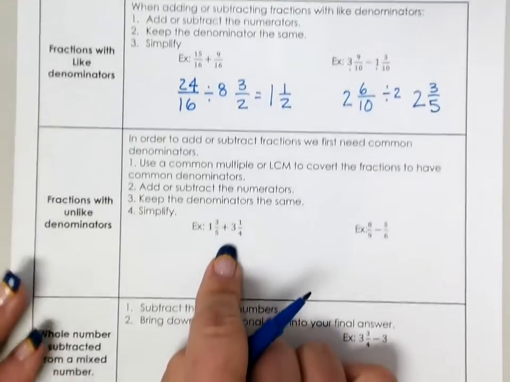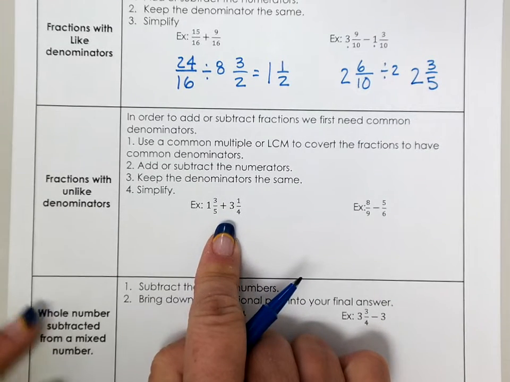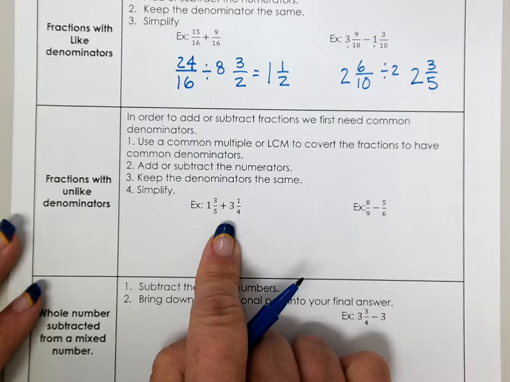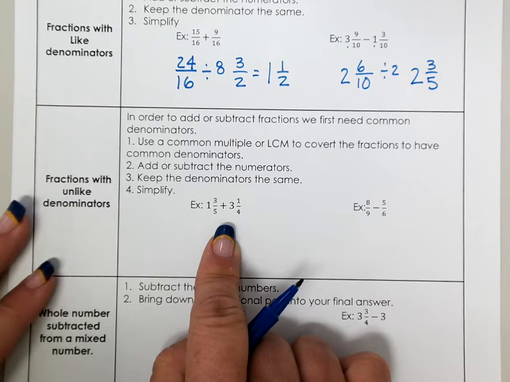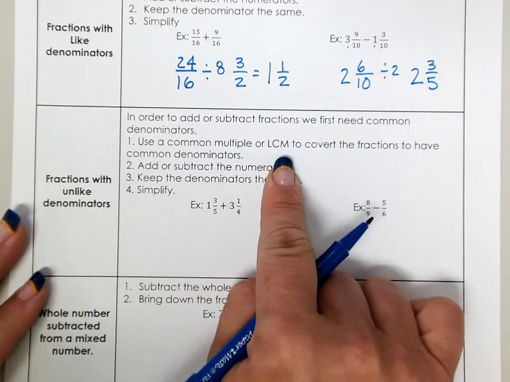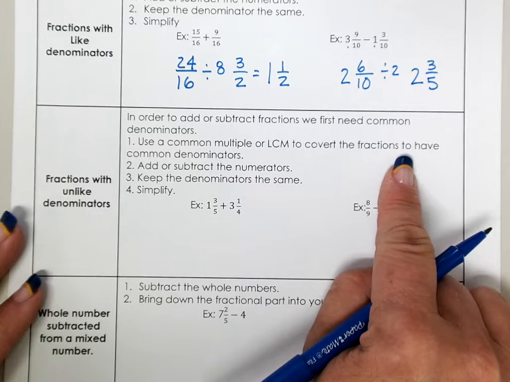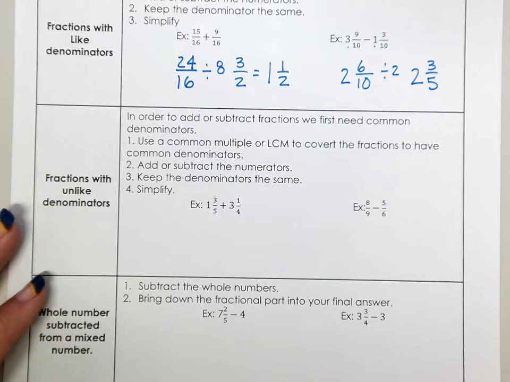Now I've got unlike denominators. All right, this is the tougher part because you have to have common denominators. They have to be the same size pieces in order to put them together. So we're going to use common multiples or least common multiples to convert the fractions to have common denominators.